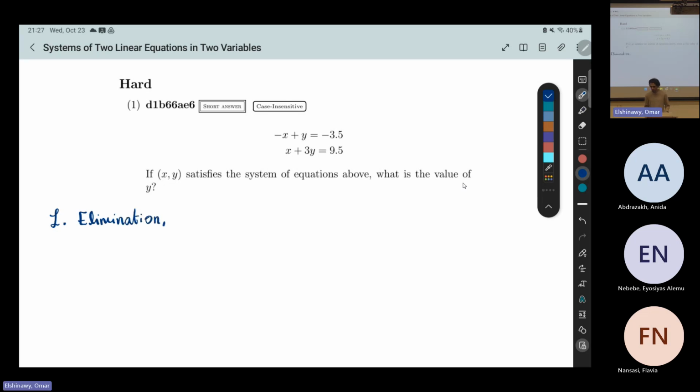And this is really best illustrated by an example, because I don't think there's any theory that will help you understand it more than this example. So if I write down my two equations here, minus x plus y is equal to minus 3.5, and x plus y, okay, 3y, is equal to 9.5.